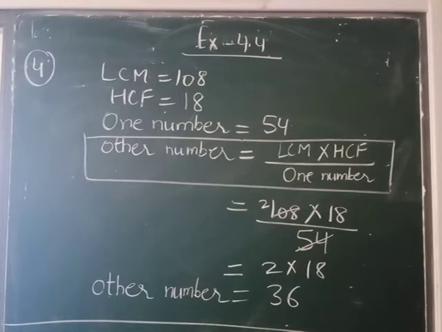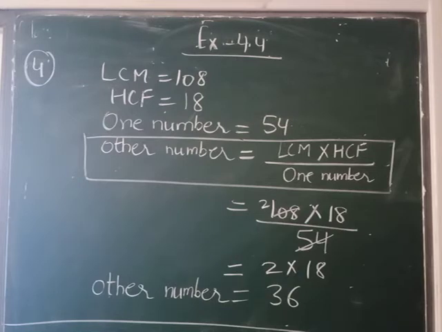LCM is given, HCF is given. The formula for the other number you have done in 5th class. The other number is equal to LCM multiply HCF divided by one number, which is highlighted. Now after writing the formula, I will fill in the values: 108 multiply 18 divided by 54.